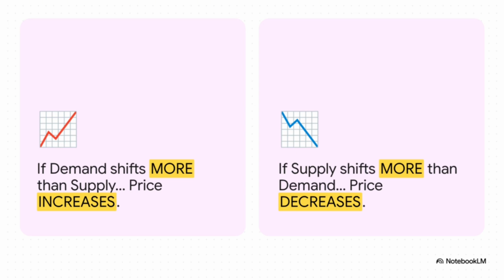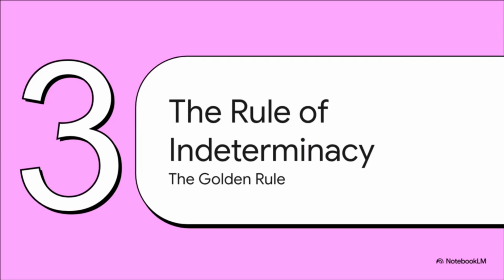Look here, if the shift in demand is way bigger than the shift in supply, well, demand wins and the price goes up. But if that supply shift is the more powerful one, then supply wins and the price actually goes down. Since the problem doesn't tell us which one shifted more, we can't know the final answer for price. That's why we call it indeterminate. It's uncertain.